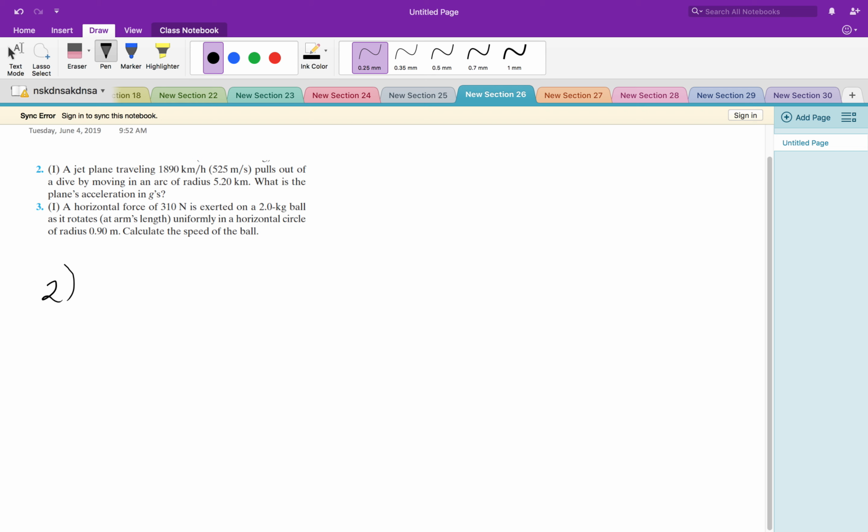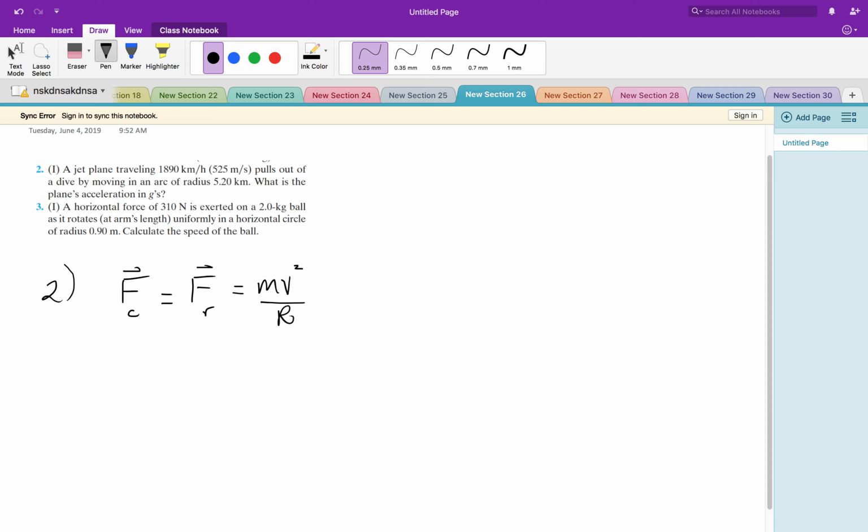So pretty much this plane's moving in a piece of circular arc, so we have a centripetal force, Fc. Sometimes the book calls this Fr for F radial. It means the same thing. They're used interchangeably. And the formula for this is mv squared over r. And this is the centripetal force.